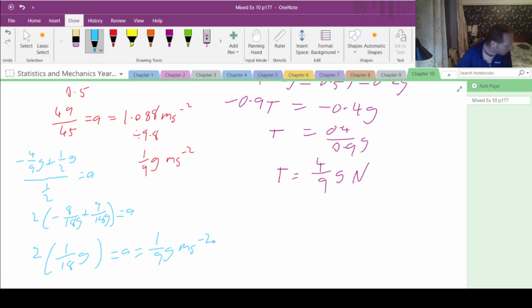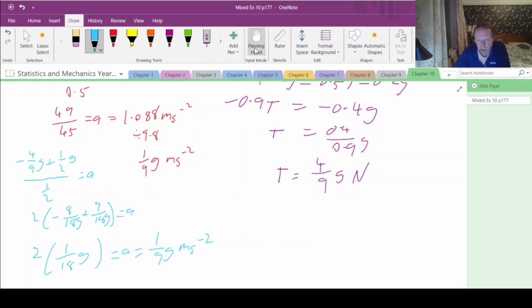Right, when the particle has been moving for 0.2 seconds, the string breaks. That's unfortunate. Okay, find the further time that elapses until Q hits the floor. Interesting. Okay, we were 2 meters up.